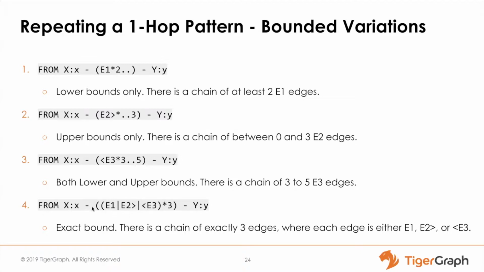So X can go through either E1, E2, or E3, and then use repetition. And then I put a 3 this time without the period, the 2 dot dot, meaning that I specify an exact bound. So reach Y. This means X can reach Y, going through either E1, E2, or E3 3 times, or a combination of them 3 times.